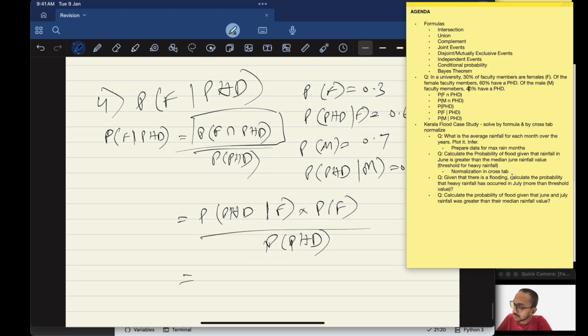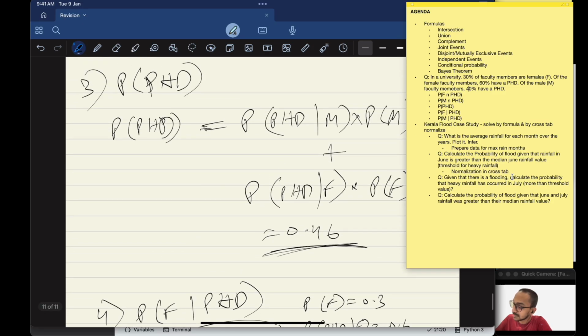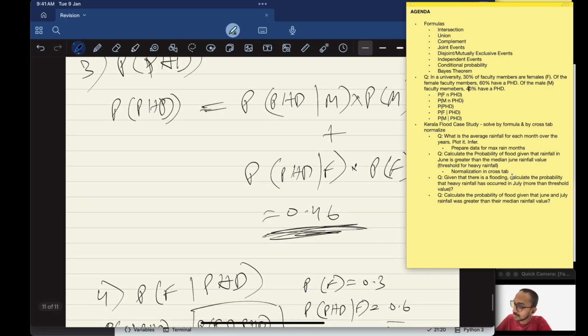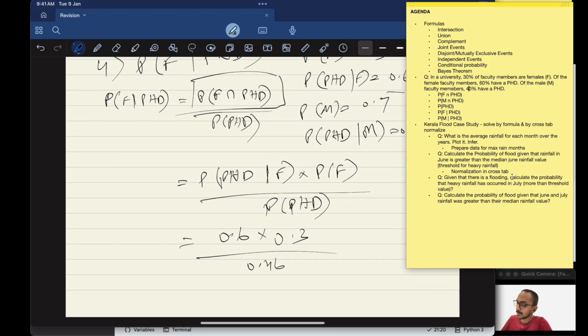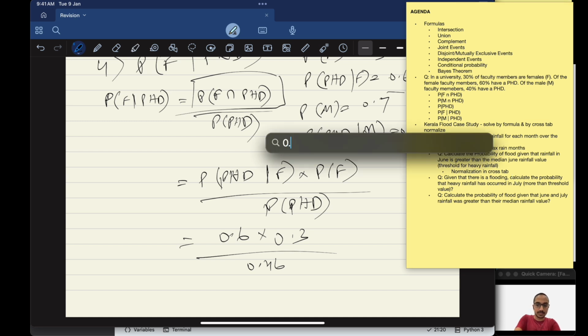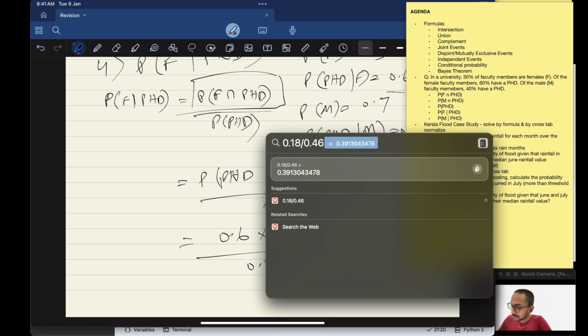So we know PhD given female 0.6 times P of female is 0.3 over P of PhD, which is the total probability, 0.46. That will be 6 times 3 is 18, 0.18 over 0.46, 0.391.